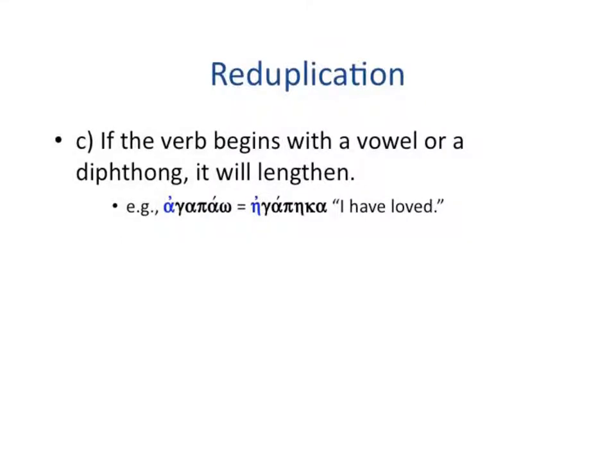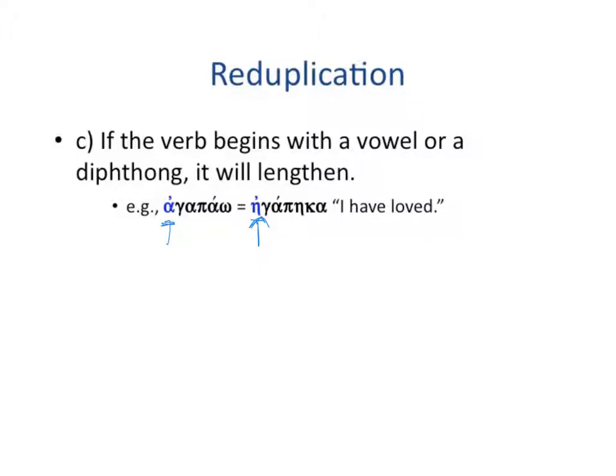The third way that reduplication happens is when it happens with a vowel or a diphthong at the beginning. What happens? Well, that vowel or that diphthong will lengthen. So we have agapaō here, and now you have ēgapēka. So this alpha automatically lengthens into that.